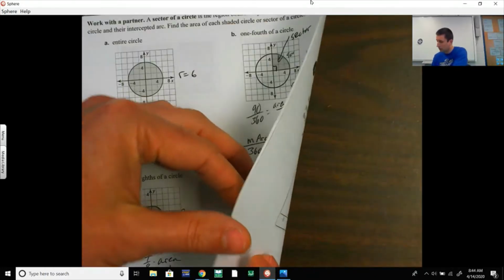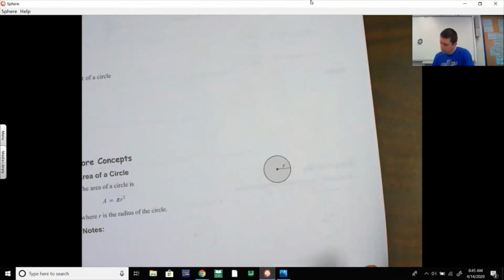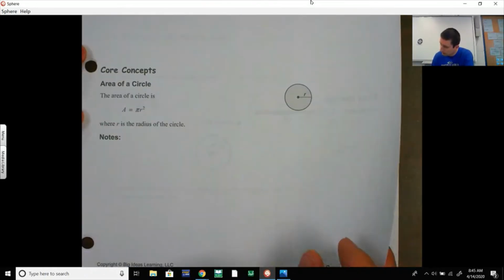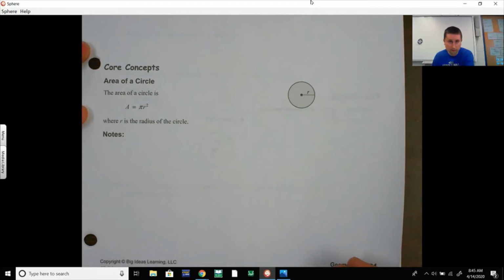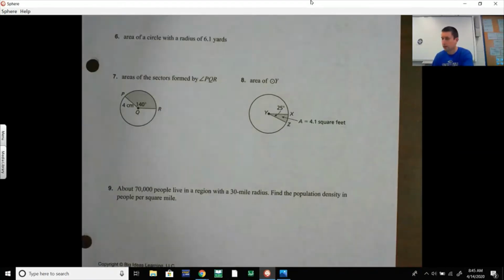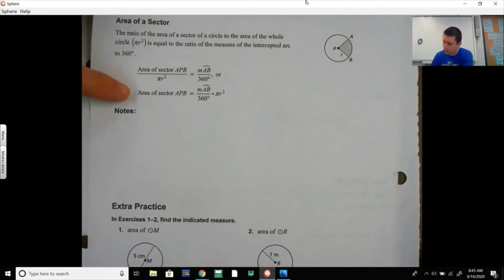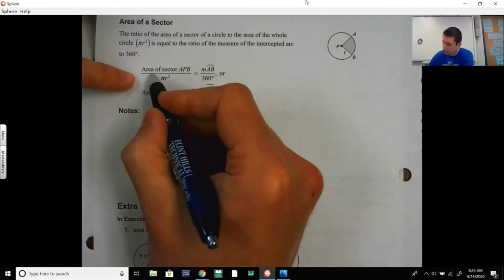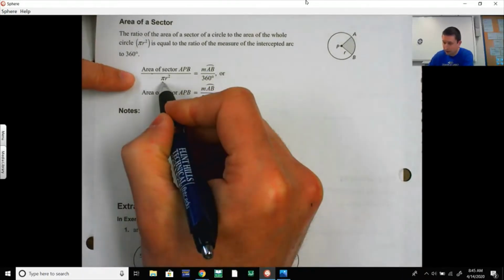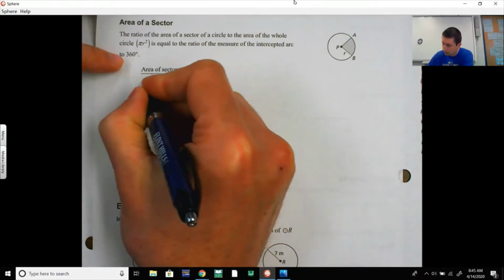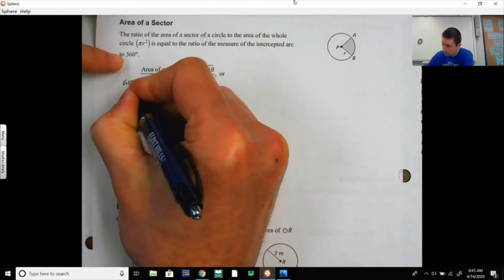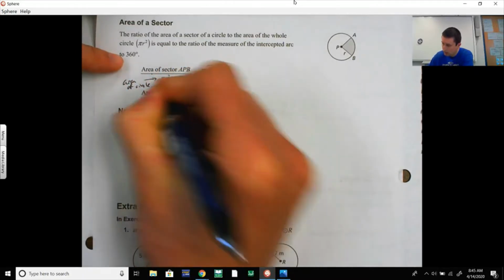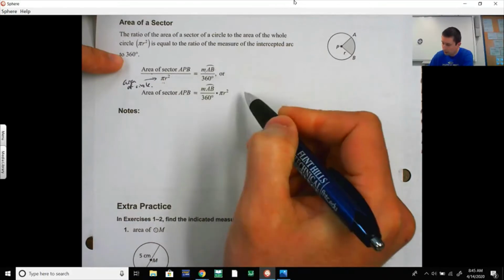So from that, we know the area of the circle, whose radius is that. From that, we get our formula here. So here it is again: area of the sector over the area of the circle equals the measure of the arc over 360.